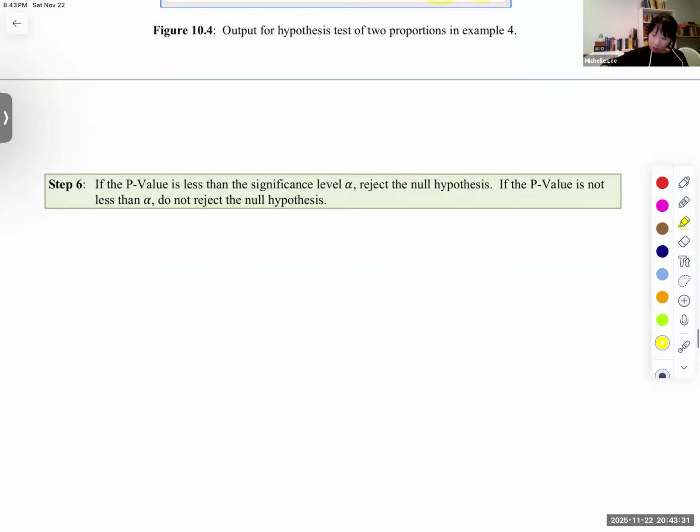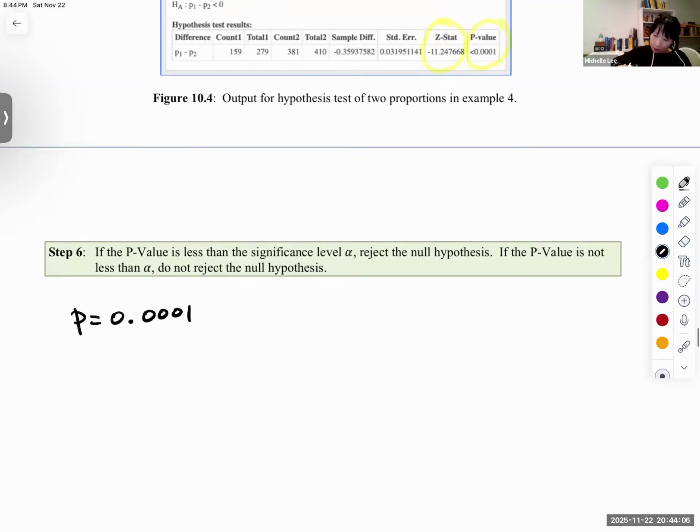So let me write it out. I need their statement here. Okay, test whether the proportion of individuals with broadband internet access at home is lower for low-income individuals than it is for those with a high income, right? So I'm using that statement to conclude, right? The p-value is 0.0001, I think, right?